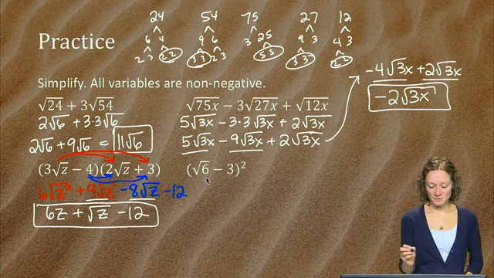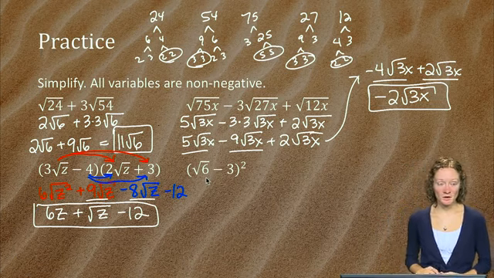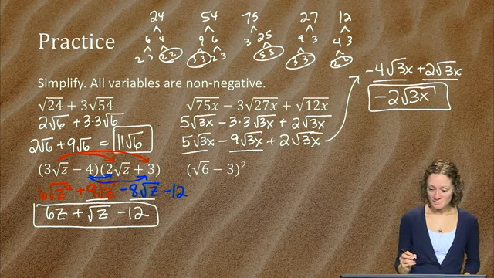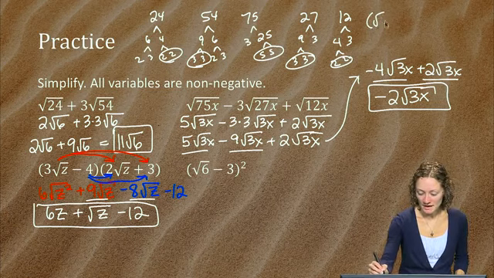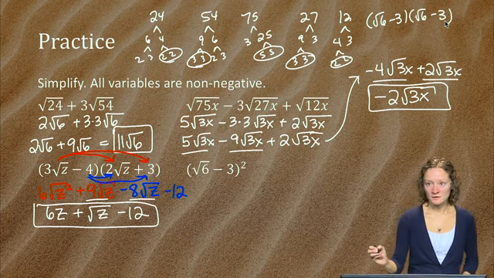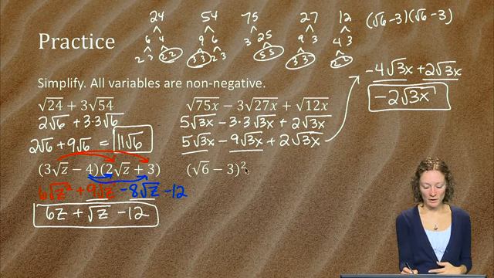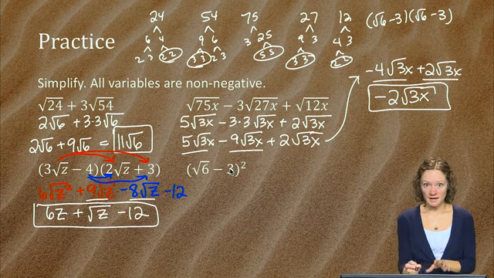All right, the last one, square root of 6 minus 3 quantity squared. Remember what quantity squared means. It means that exact thing multiplied by itself. So it's not quite as simple as just giving that square to each item inside. If it was multiplication inside, that would be the case.